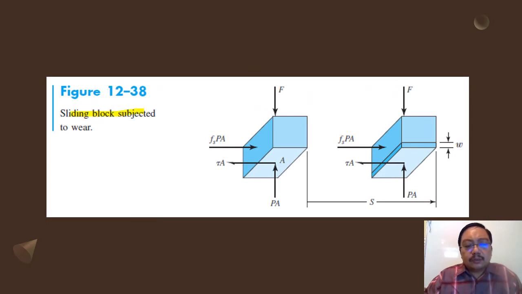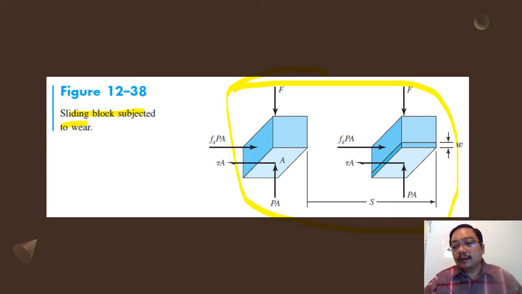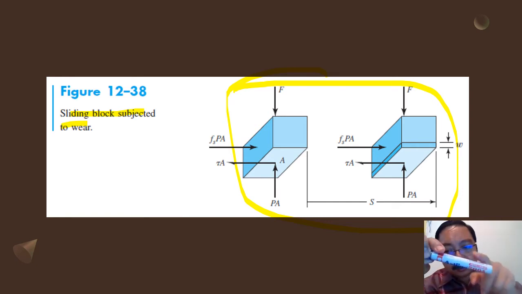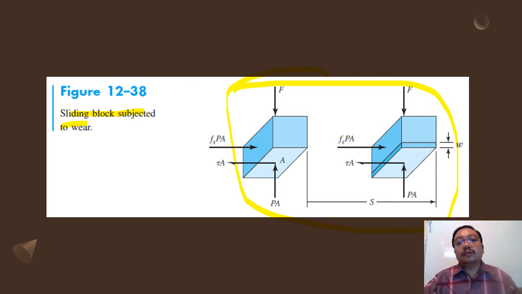Sliding block subject to wear. This means that if you imagine a journal, let's say this is a journal and this is the bushing, you take one point, one particle, one element inside this, and you imagine this element as this figure 12-38.